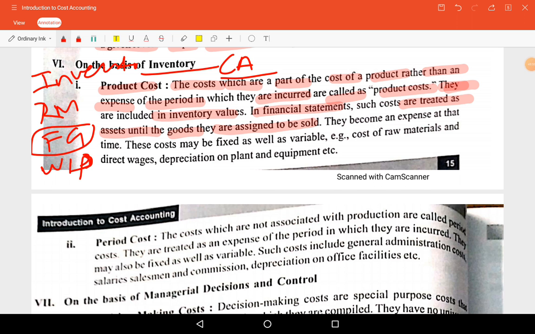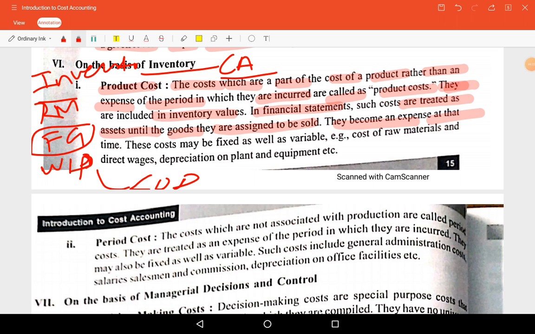Inventory, work in progress or raw material are called assets, but once they are sold, the cost incurred for that product becomes cost of production. When it becomes cost of production, it is treated as expenditure and transferred to the P&L account. That is what they are saying here.